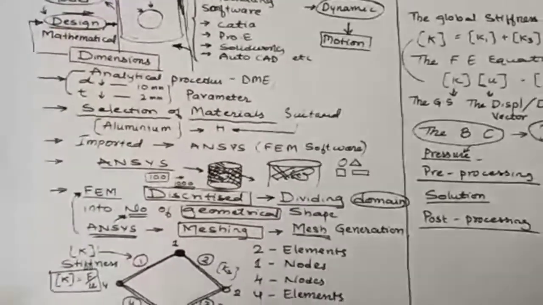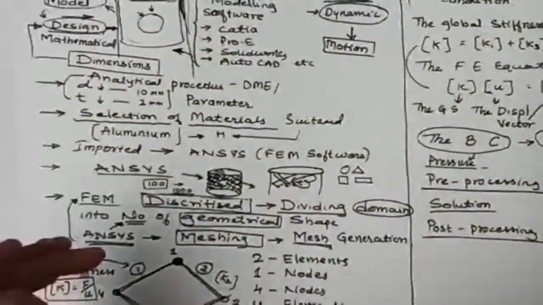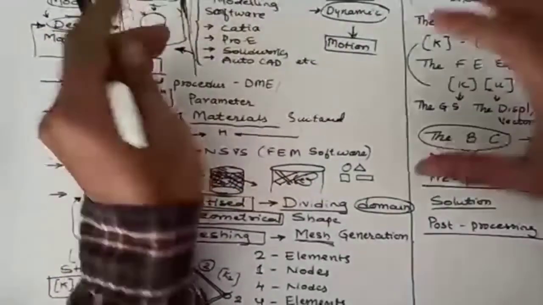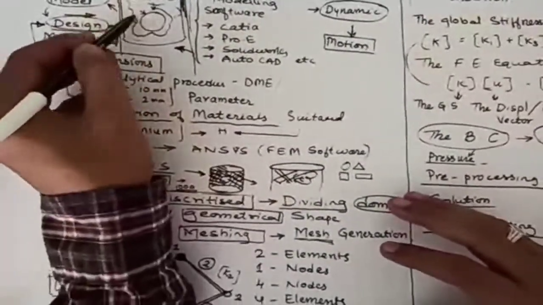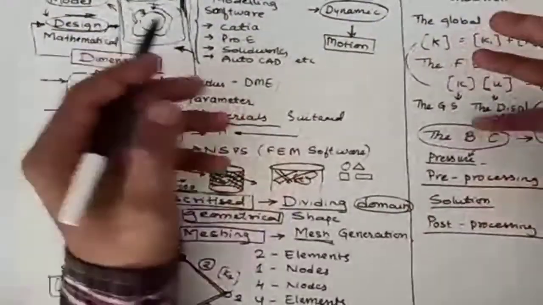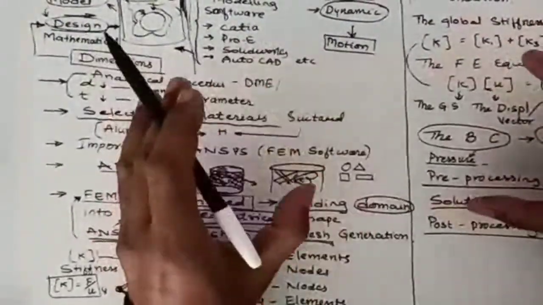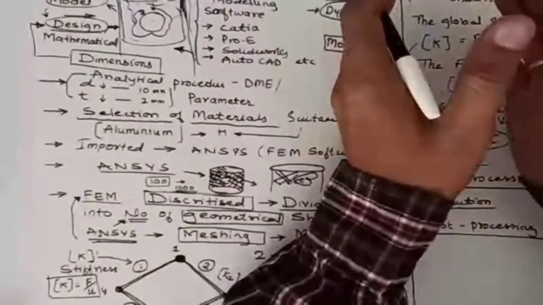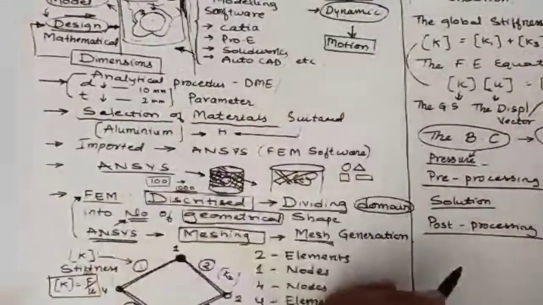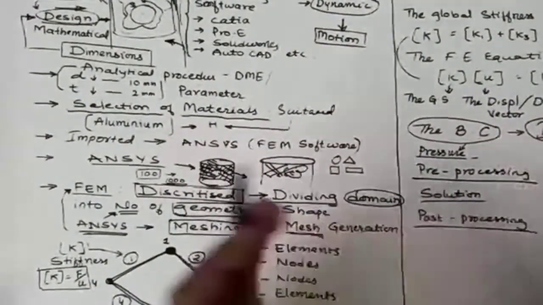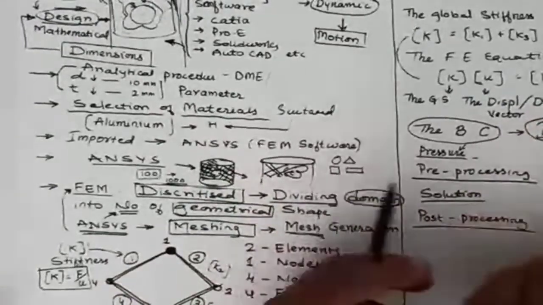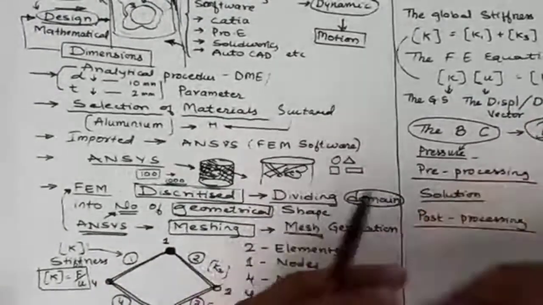In the output you can find different color hatching. Suppose maximum displacement, red color will indicate the maximum temperature. All these different color indications are shown, and on the right side you will find all the results plotted, also in a table: stress, strain, maximum displacement, deformation.